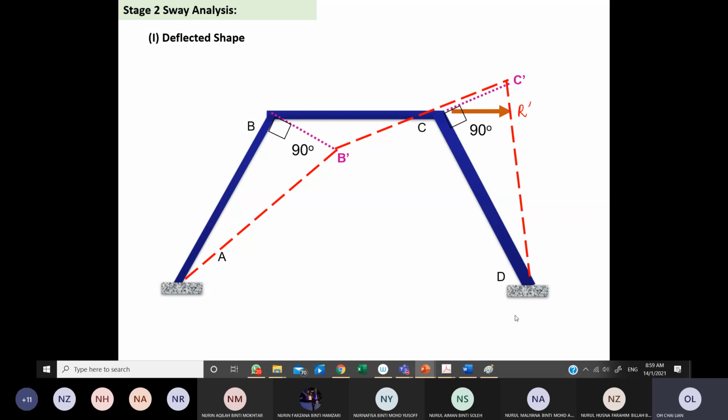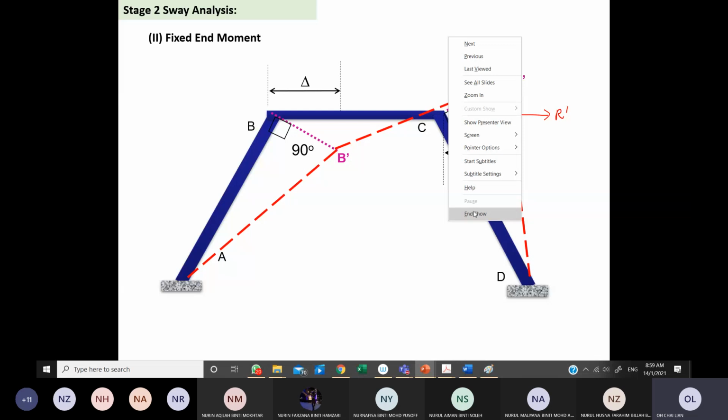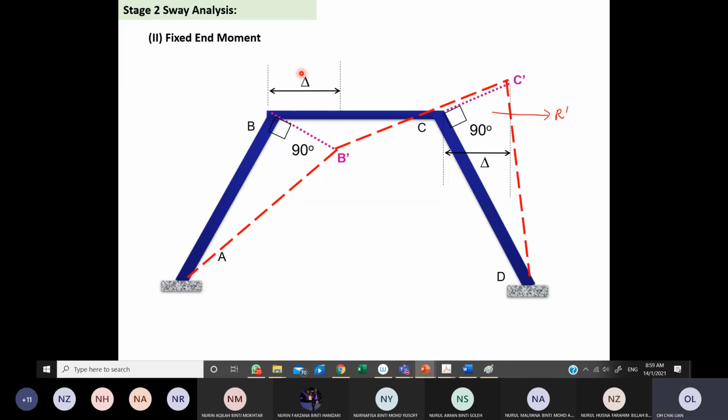Next we also need to know that the horizontal deflection dealing with this R prime must be the same for legs AB and CD. This means that this deflection delta must be the same as this deflection delta, measured from B to B prime horizontally and C to C prime horizontally.